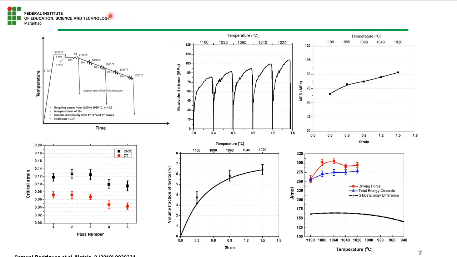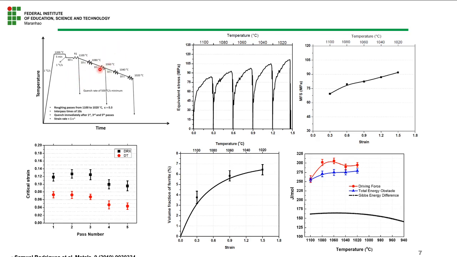We also applied the second roughing pass. See that from the highest temperature to the next temperature, we decreased the temperature about 20 centigrade, and the time between passes was 10 seconds. That is normally applied for plate rolling simulation.